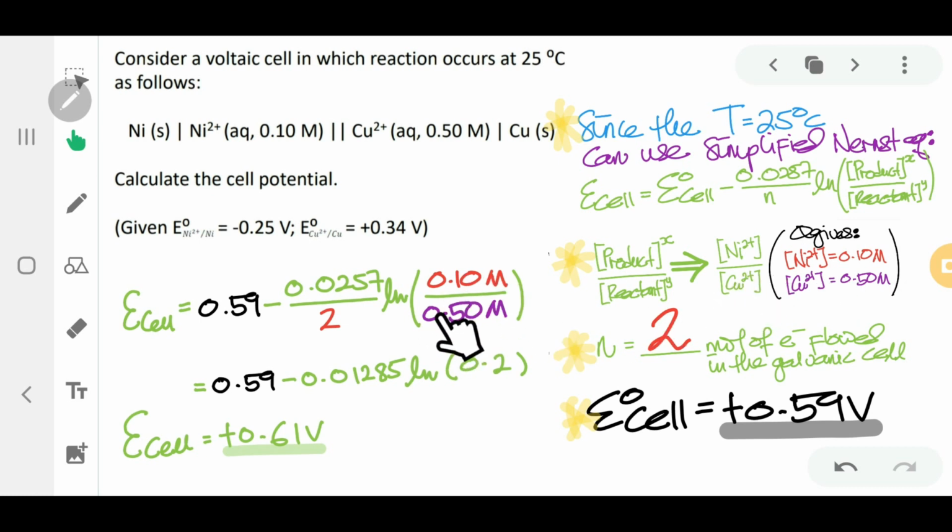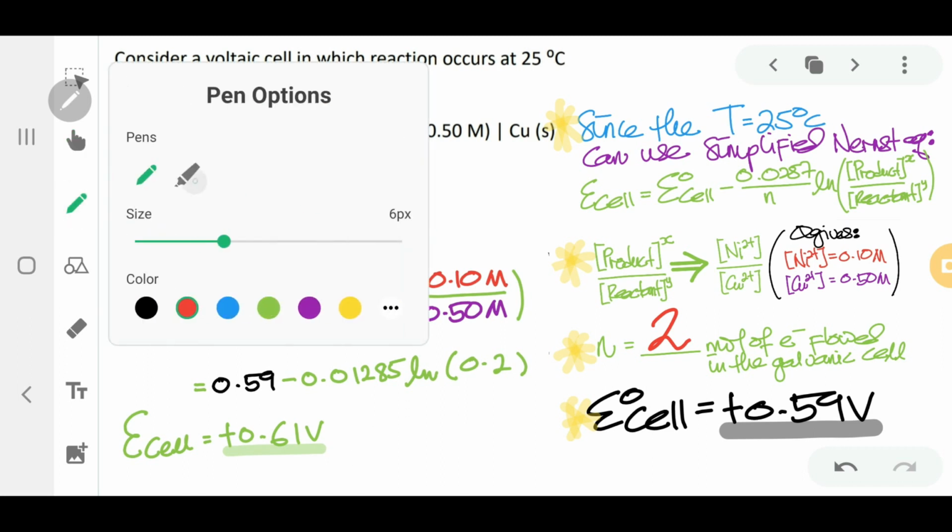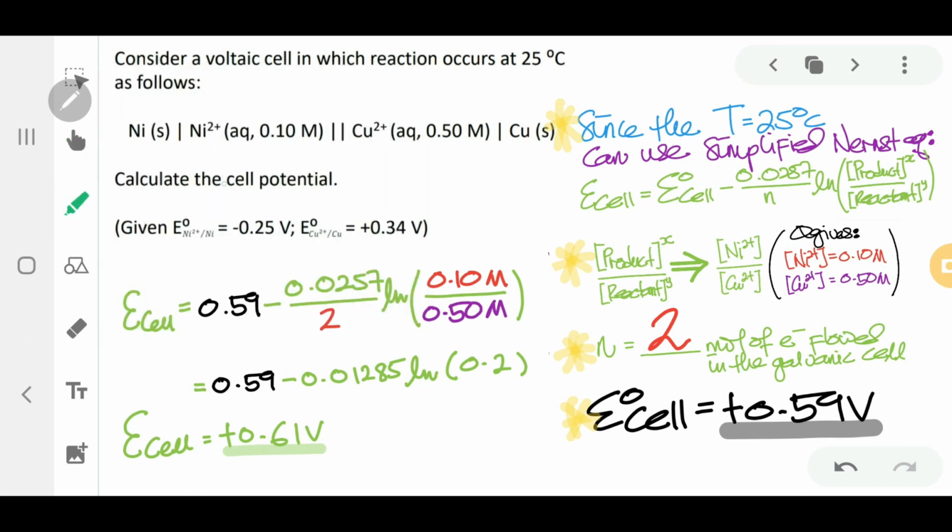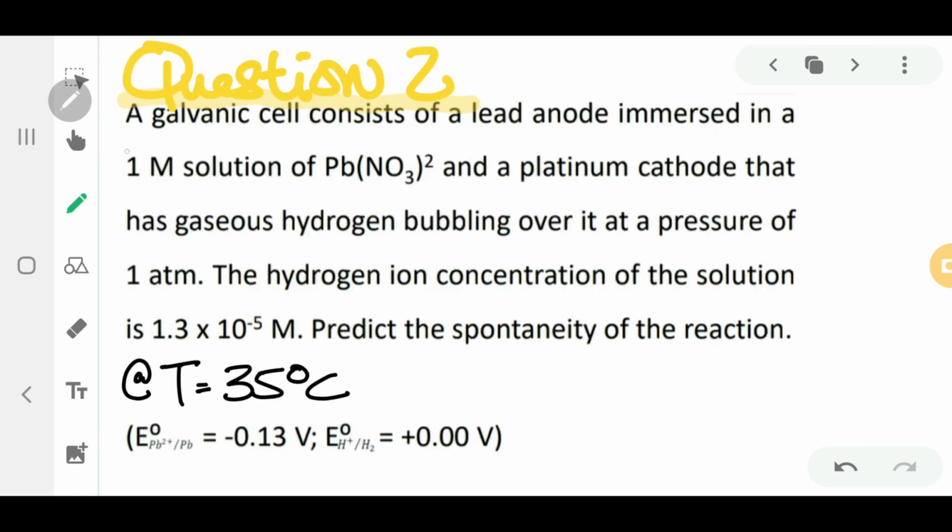When you solve this, you will get your cell potential value. That is the cell potential value here, and you'll get 1 mark for this, and this whole thing 1 mark. Now let's have a look at the second question.